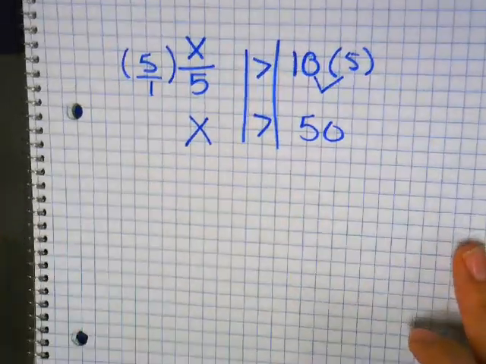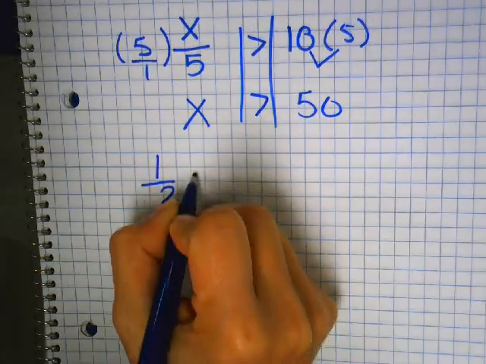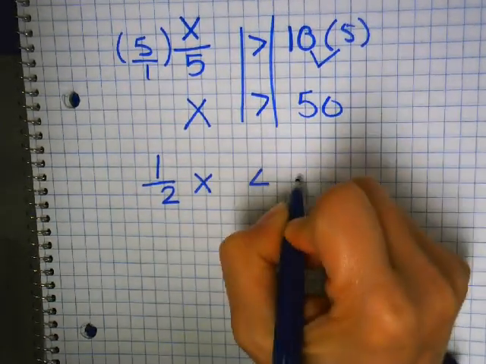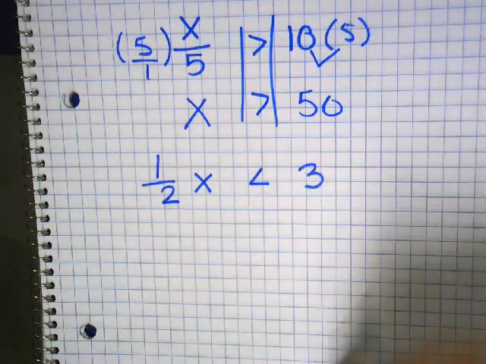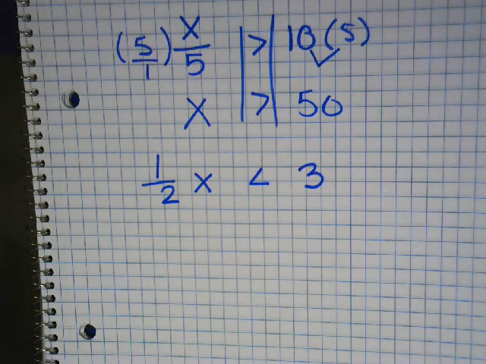Okay. Sometimes it's written like this. Sometimes they'll write it as a fraction next to it. And sometimes they'll make it harder by writing it as a fraction next to it.